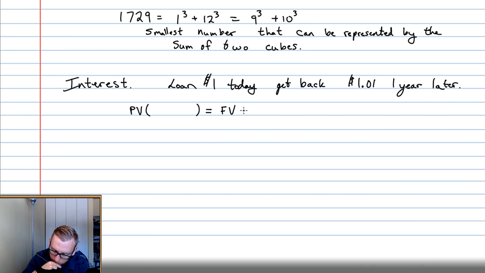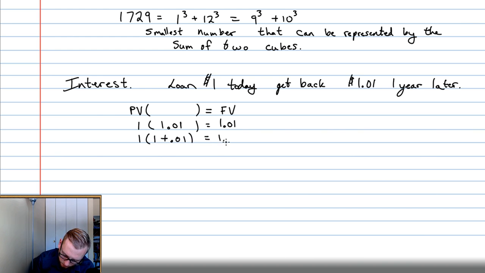Well, our present value is $1. Our future value is $1.01, which means 1 times something has to give you 1.01. But let's represent it as 1 times 1 plus 0.01, which gives us 1.01, right?